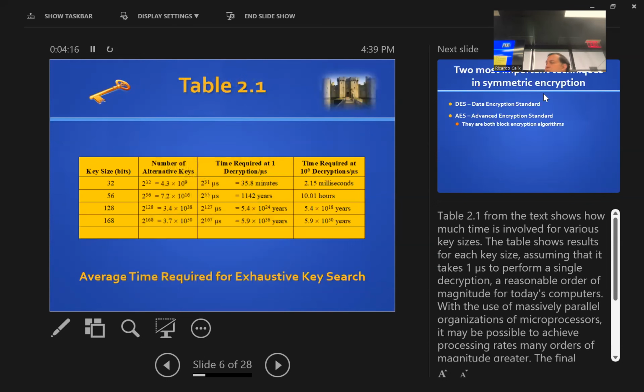Here are some statistics: the average time required for exhaustive key search. Obviously, this changes with more computing power, but in general it gives you an idea. The thing to look at here is the key size versus the amount of time it takes to decrypt it. The bigger the key size, the harder it is. From 32 bits to 168 bits, it tells you the number of alternative keys that you have.